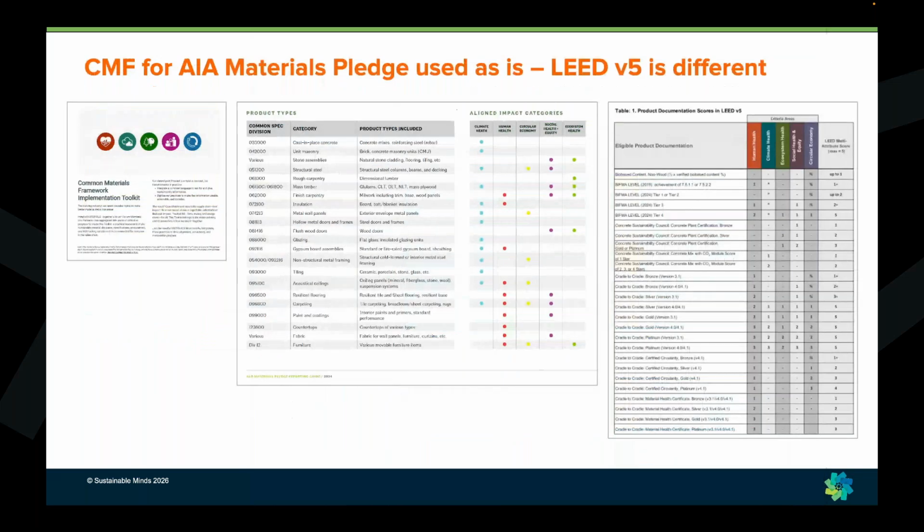So just a quick comparison. The CMF, as created by the Mindful Materials Working Group, is used as is in the AIA Materials Pledge. Any document in the CMF can contribute to reporting about that product in any of these categories.